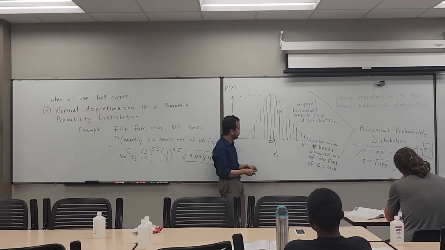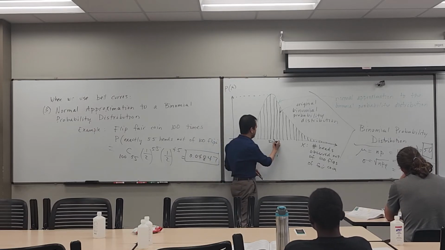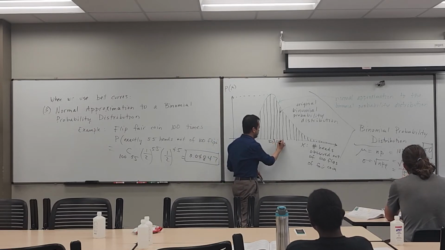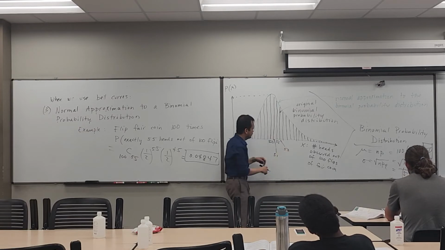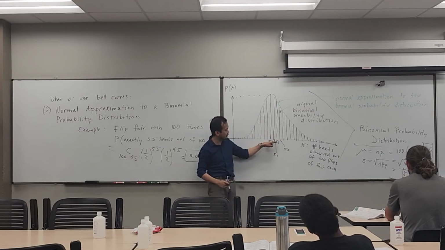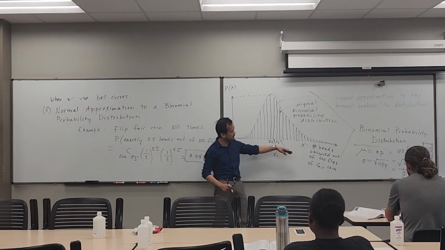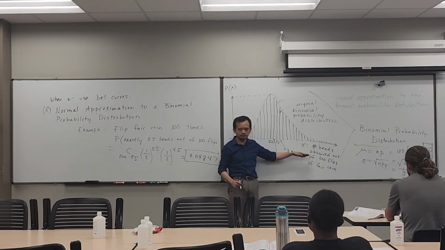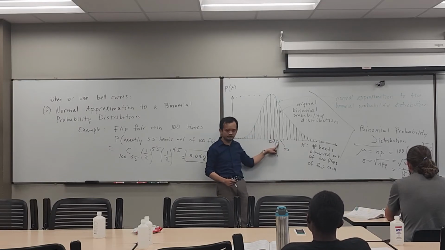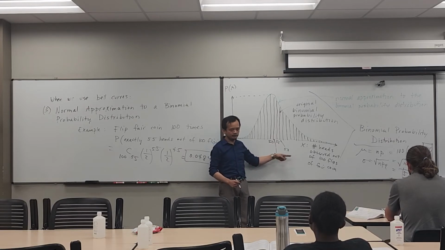So for example, if this is 52 and this is 53, there's a huge gap between 52 and 53, because this represents the number of heads that you could observe out of 100 flips, and you can't observe 52.6 heads out of 100 flips.